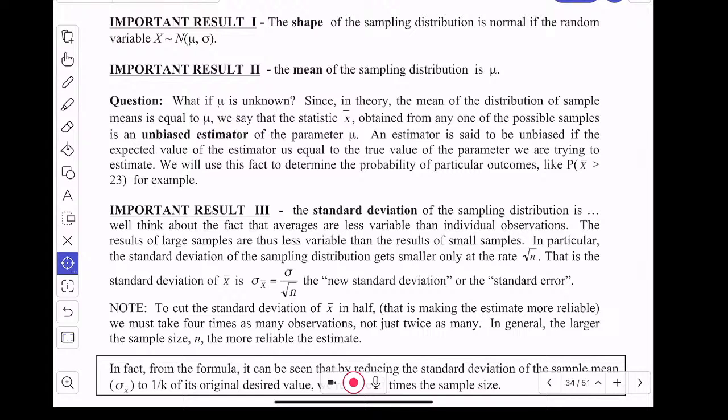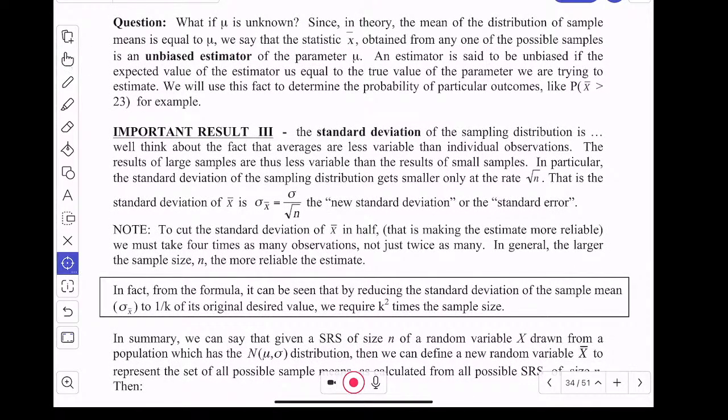The third result regards the standard error. The new standard error, sigma over square root of n, has a special property that we can exploit. In fact, it depends on something we choose. We don't choose the variation of the variable. That's a given.